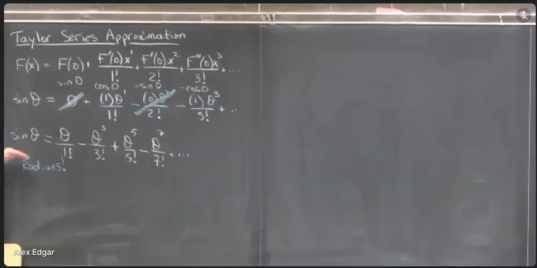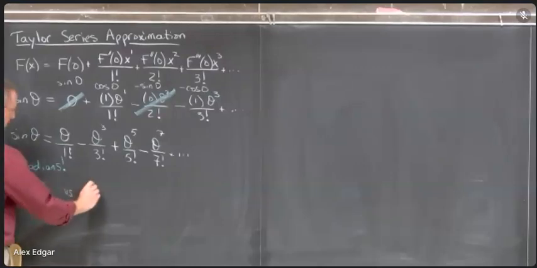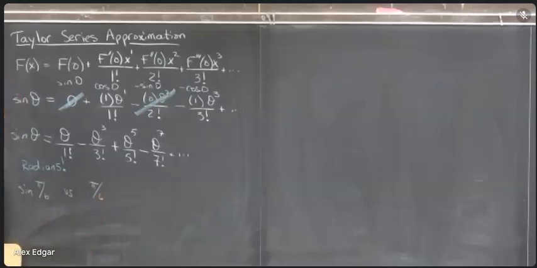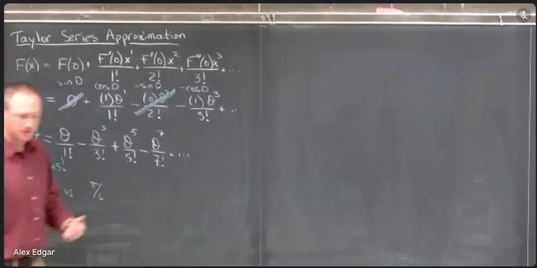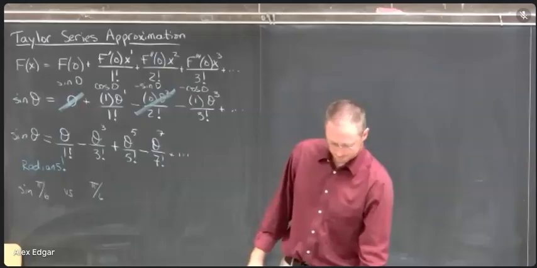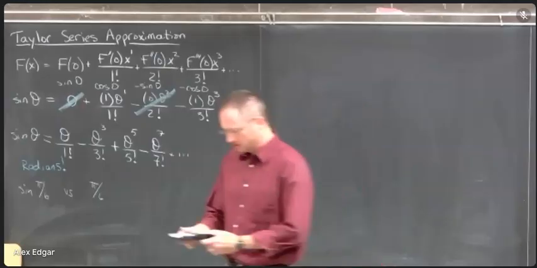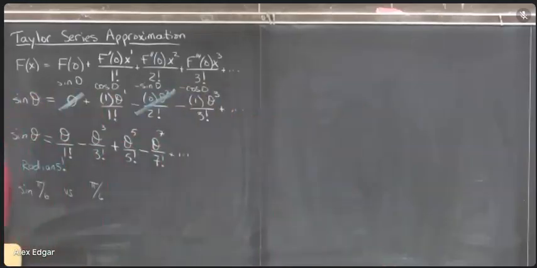Now, if you take your calculator and you pull out sine of pi over 6 versus pi over 6. Pi over 6, remember, is 30 degrees. So if we do sine of pi over 6, we're going to get 0.5.